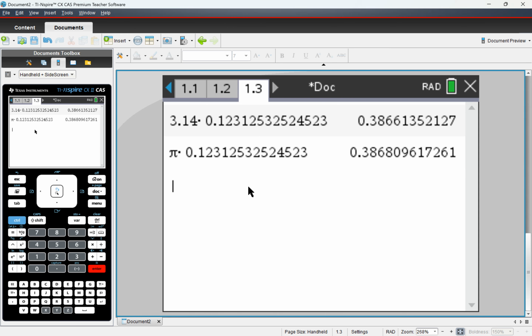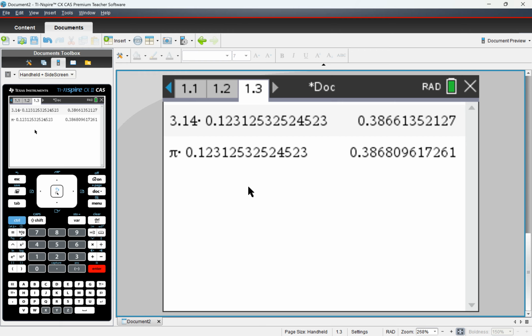Where's the difference? Anyone see the difference? 6. It's missing a 6. Yeah. See, that's 3866, and this is 3868. Yeah, this one's less. Why is it less? Because pi is not exactly 3.14. It's about 3.14159, whatever it goes on, right? So if you don't use the actual value, this is an approximate answer. This is the better answer.